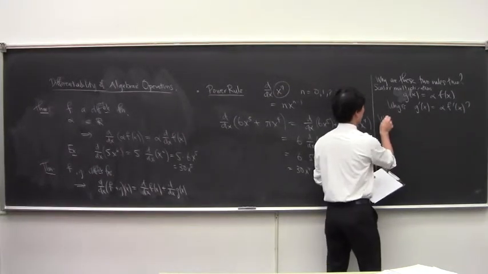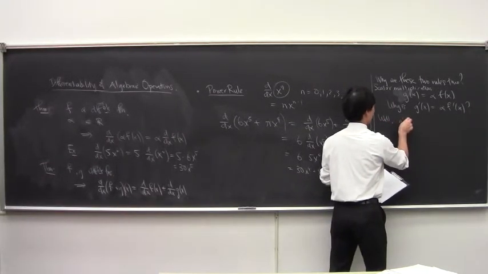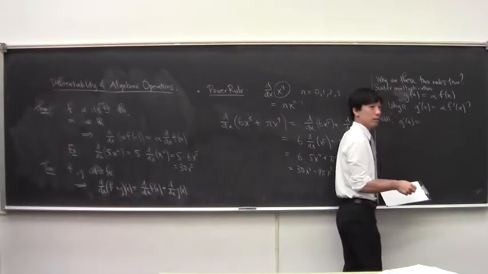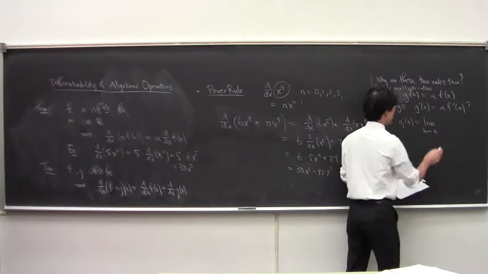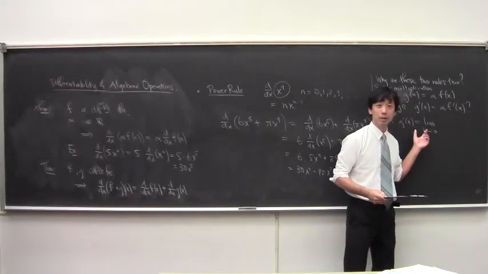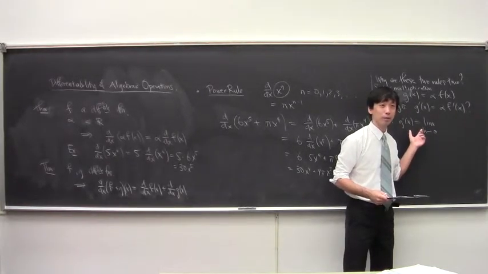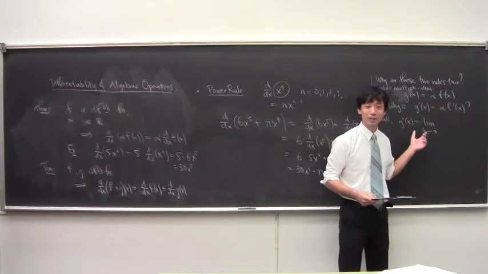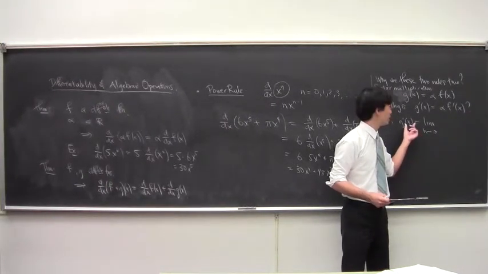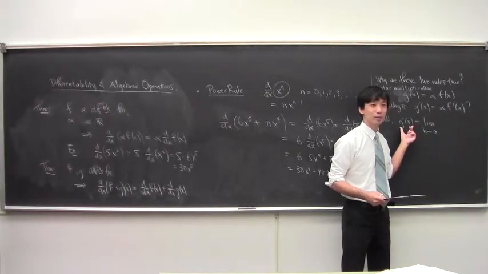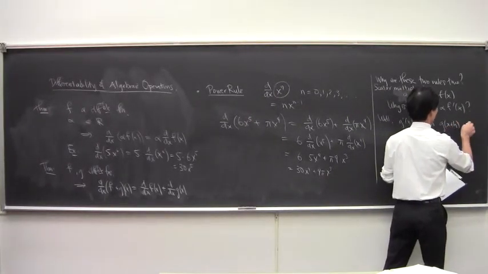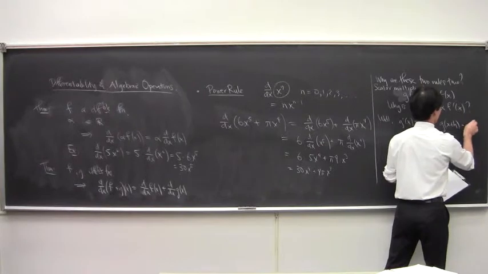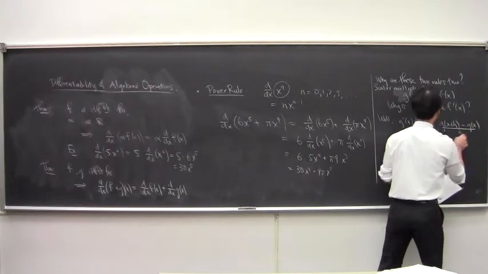Well, g prime is what? That's the definition of the derivative. The limit as h goes to 0 of what? Well, it's too easy. What's the derivative? g of x plus h minus g of x over h, right?